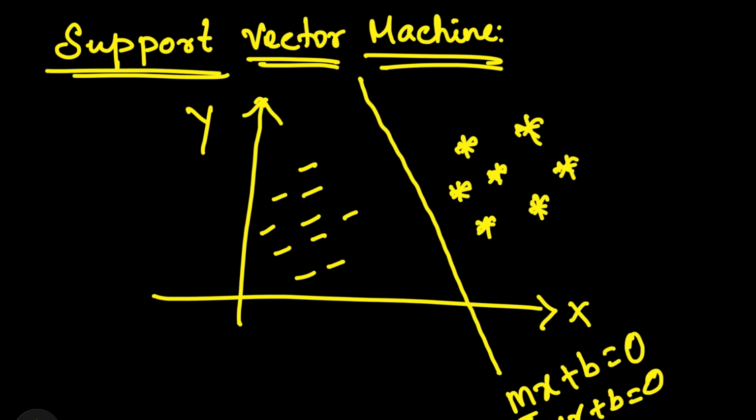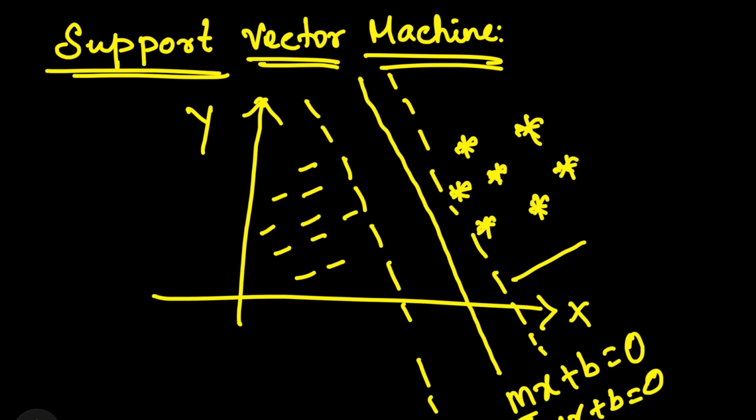And the next thing is, if I'm going to draw a margin line, one margin line should be drawn to the left of the boundary and the other to the right of the boundary. So this boundary can have left and right margin lines. This is said to be a margin line. This margin line can be drawn with the help of the closest data point.